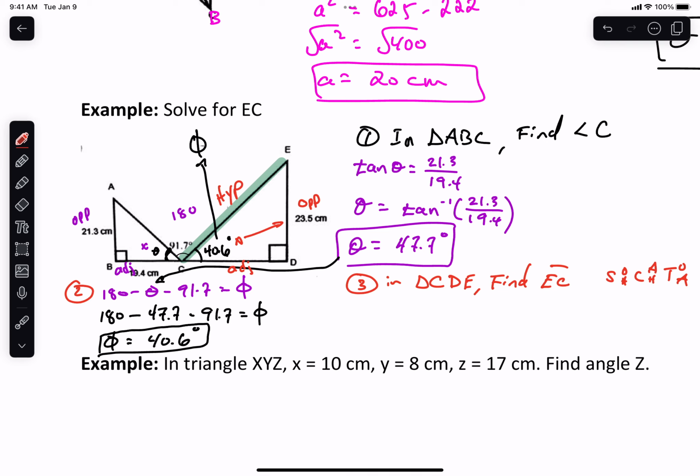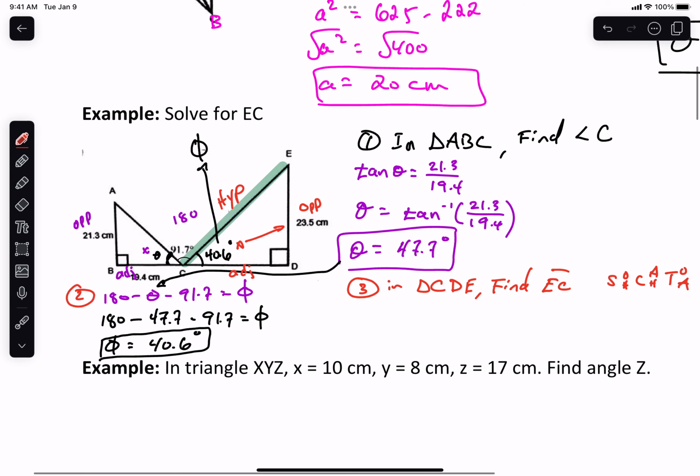Okay, so I don't know anything about what side length, nor do I care about it. In the red writing, what side length do I not care about? Side length CD, so that would have been the one that's labeled adjacent, right? So because I don't care about the side length that's labeled adjacent, I'm going to scratch out everything that has an A in it, which leaves me with sine.